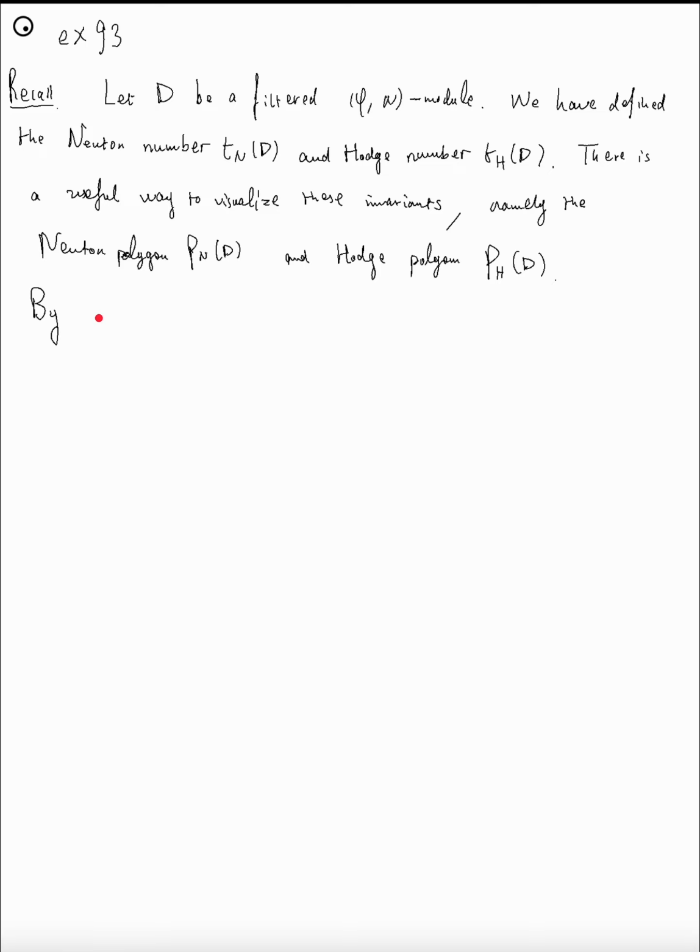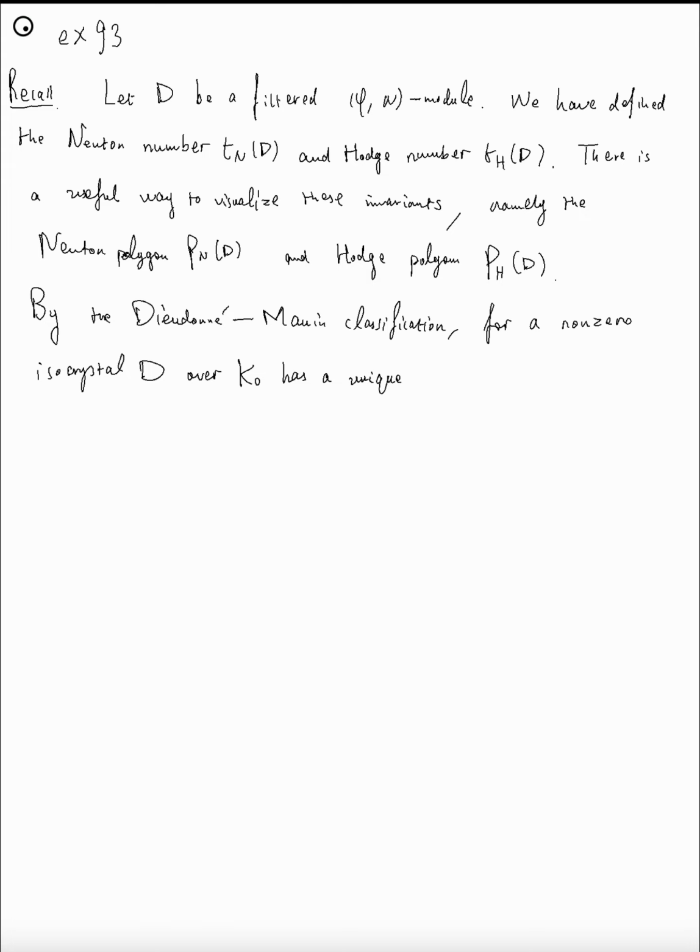So by the Dieudonné-Manin classification, made in previous exercise, we know that for a non-zero isocrystal D over K0, it has a unique decomposition.